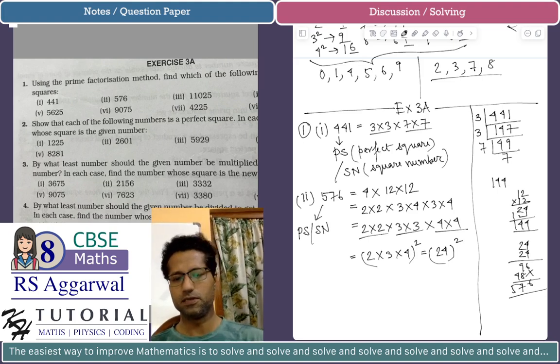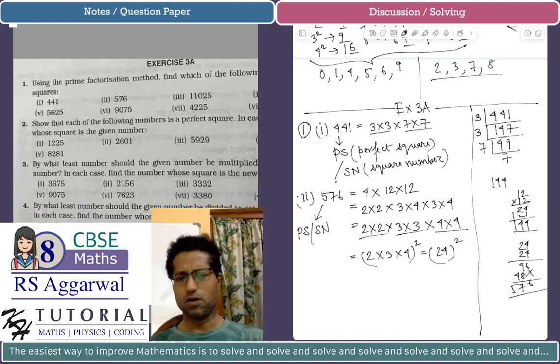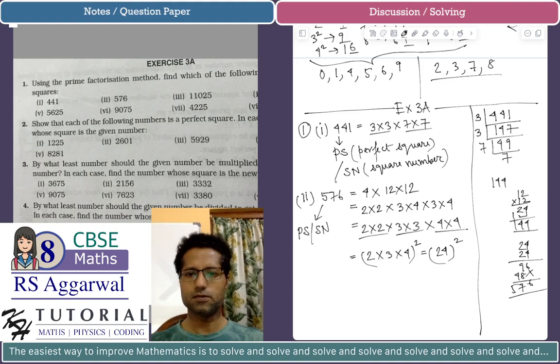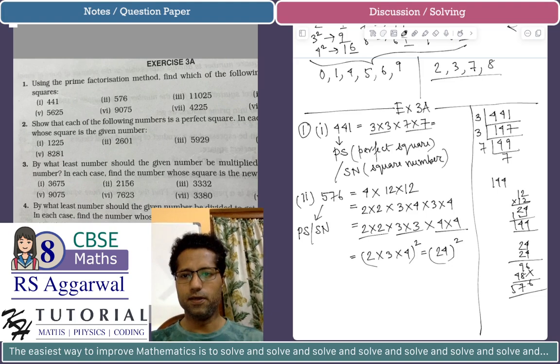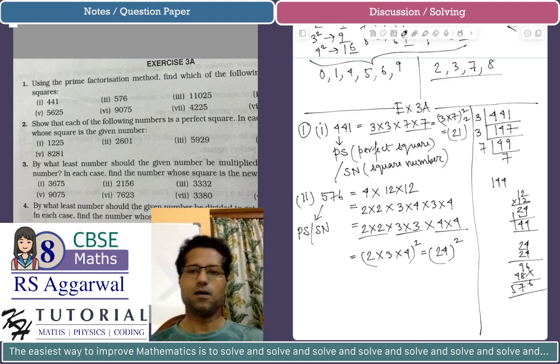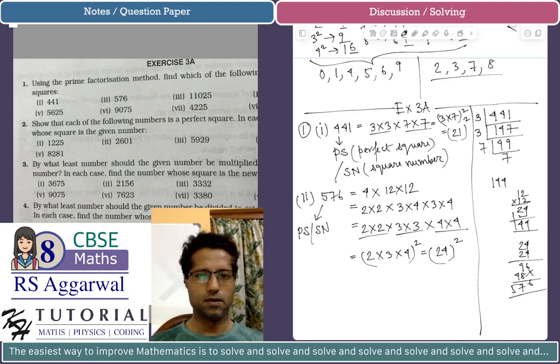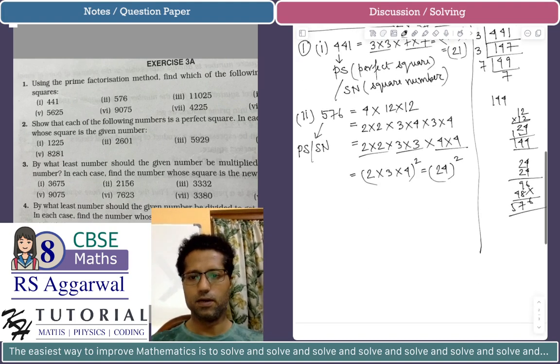So 576 is a perfect square, that is, it is the square of 24. Whereas in the earlier case, this was 3 into 7 square, that is, 21 whole square. 21 squared is 441. Okay, let's try the third one.